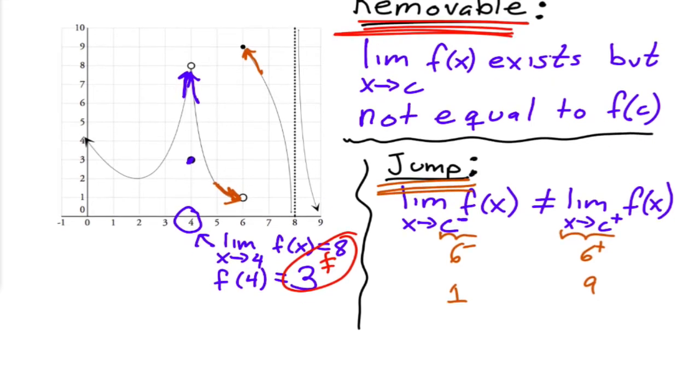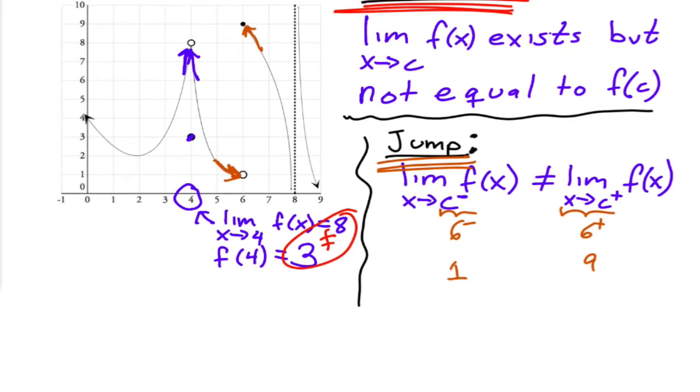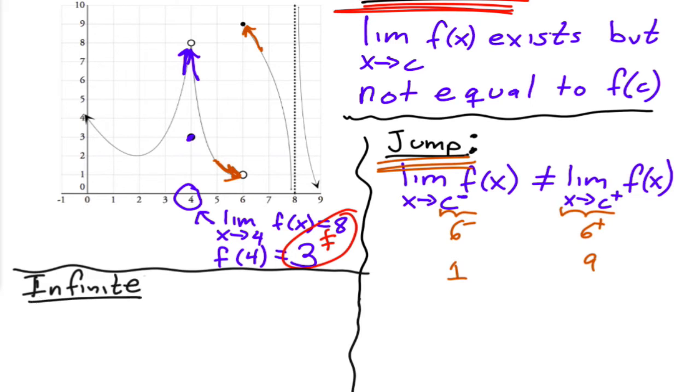Okay, and then the last type of discontinuity is an infinite discontinuity. And so the infinite discontinuity is if the limit as x approaches c is equal to infinity or negative infinity.